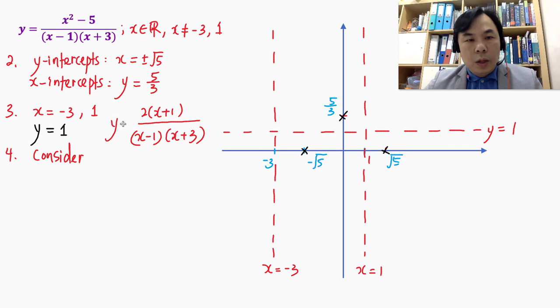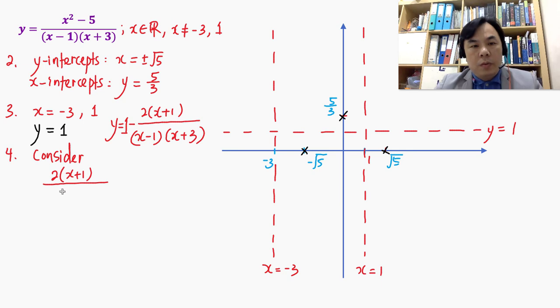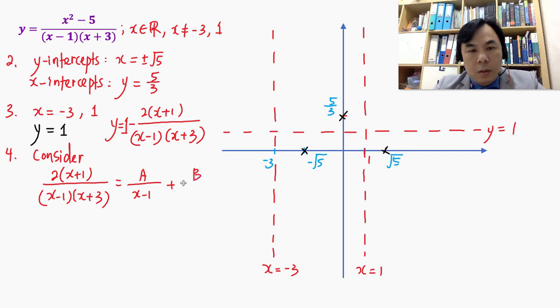There's actually y equal to 1 minus. Okay, now I'm just going to consider this (x plus 1) over (x minus 1)(x plus 3). Right, now that is equivalent to a over (x minus 1) plus b over (x plus 3).